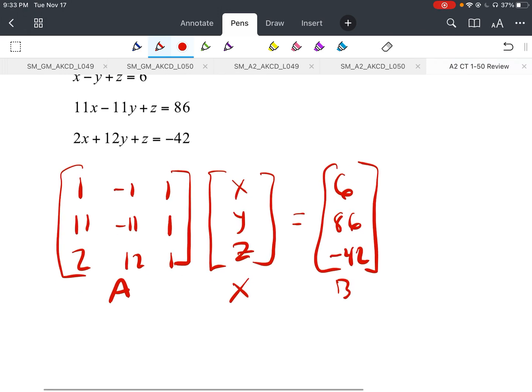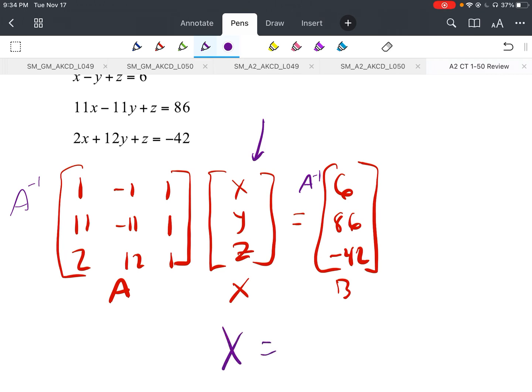Now, the way to solve a matrix equation, A times X equals B: to undo that A, in other words, to isolate X like any other variable, you multiply by A inverse here and also A inverse here. Now, A inverse times A will cancel out, leaving you X. So you'll get X equals, and then in your calculator, you're going to type A inverse B.